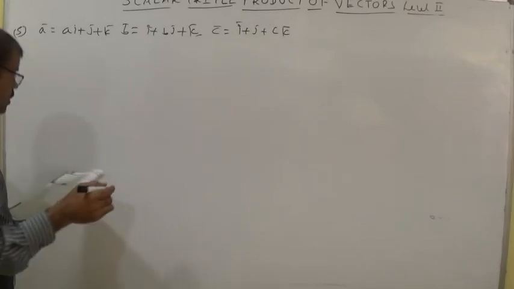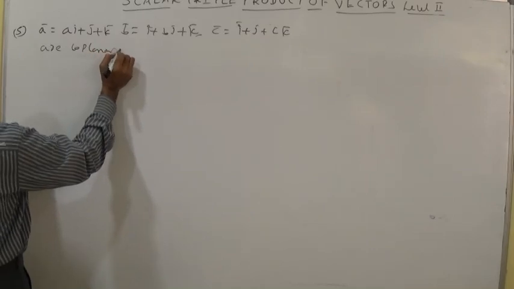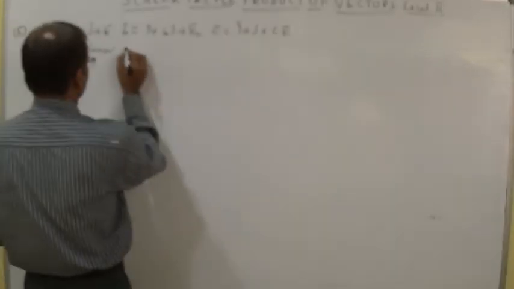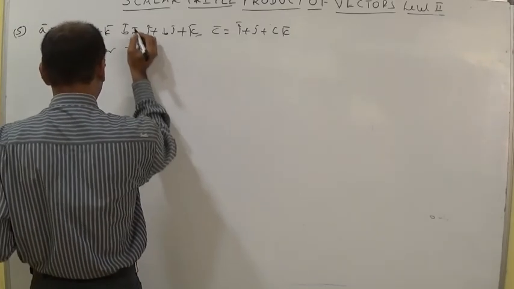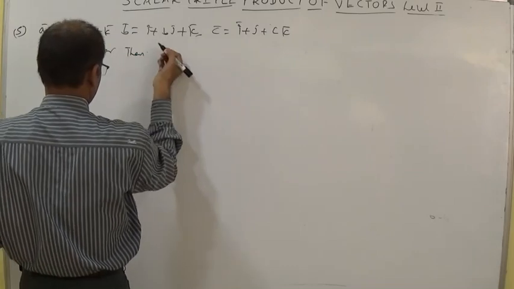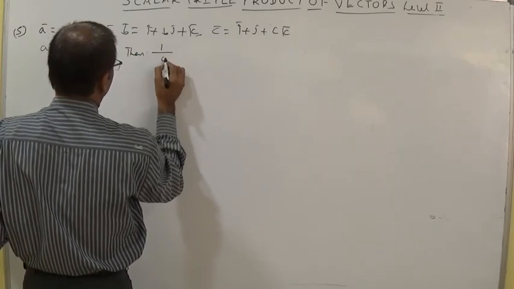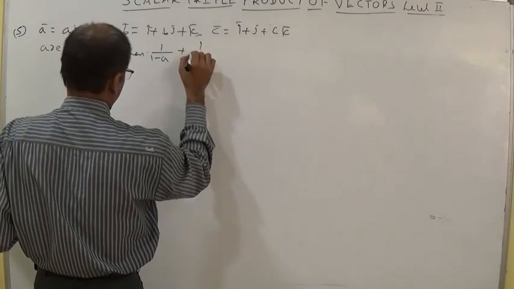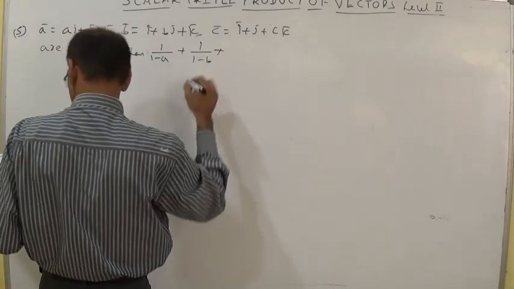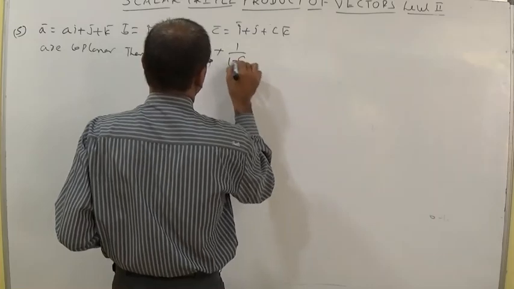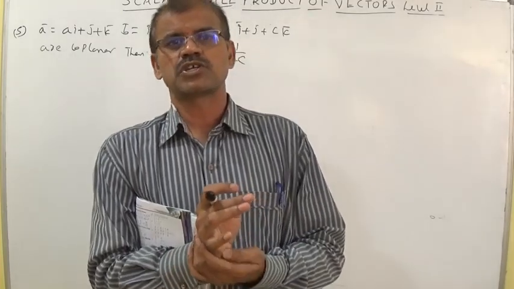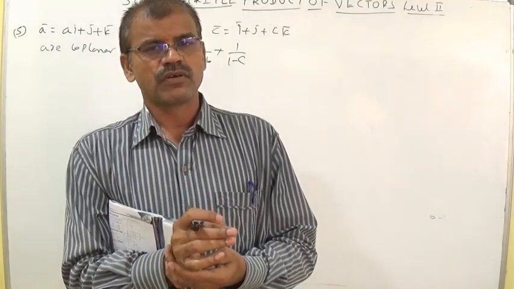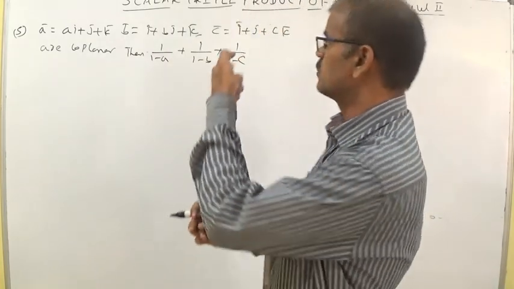If the vectors a bar, b bar, c bar are coplanar, then you should calculate the value of 1 by 1 minus A plus 1 by 1 minus B plus 1 by 1 minus C.